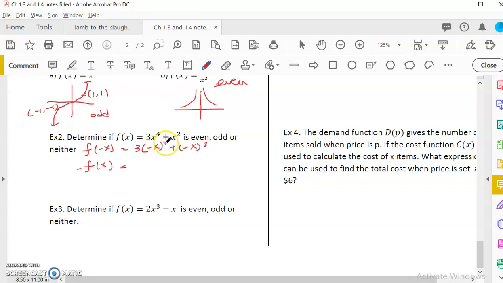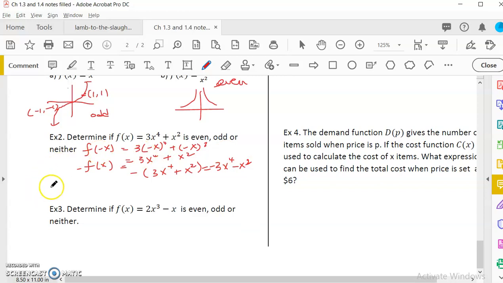Because negative x to the fourth is just positive, this would be 3x to the fourth plus x squared. Negative f of x is negative of 3x to the fourth plus x squared, right? So it's negative 3x to the fourth minus x squared.